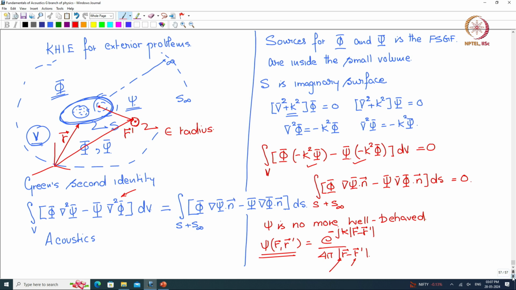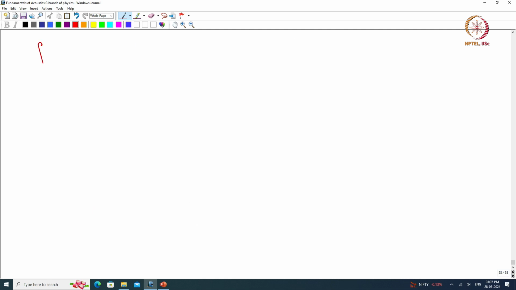Okay, so that now I have the integral of phi of r del g by del n of r comma r dash minus g of r comma r dash del phi by del n for the first surface ds.